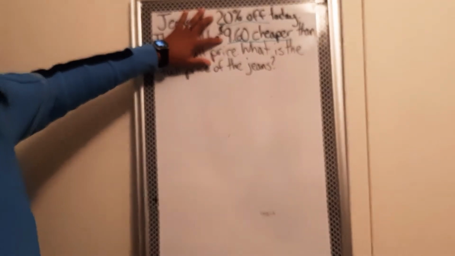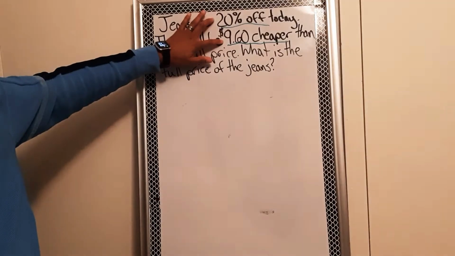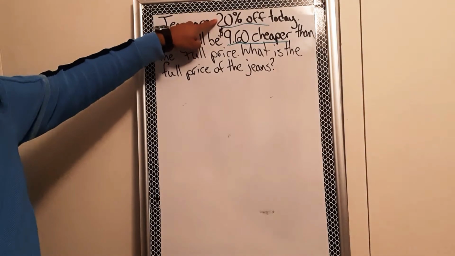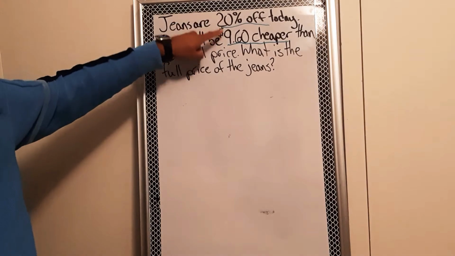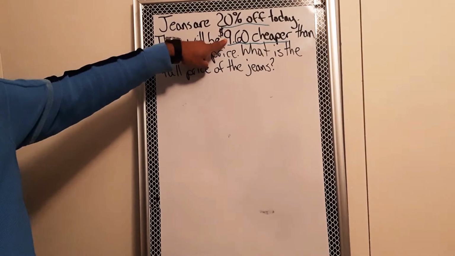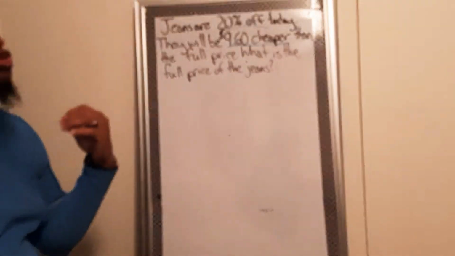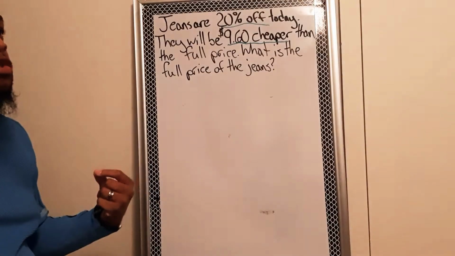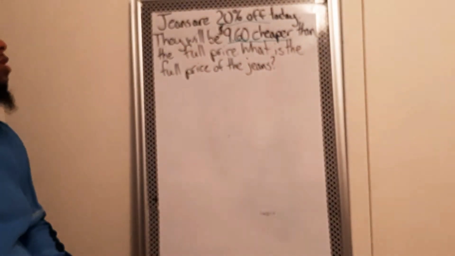So these two are actually equal to each other. 20% off the full price is equal to $9.60 cheaper than the full price. So both of those are telling me I'm subtracting either 20% from 100%, or I'm going to subtract $9.60 from whatever the full price is.